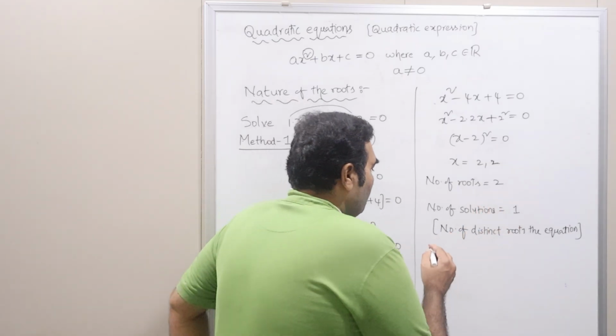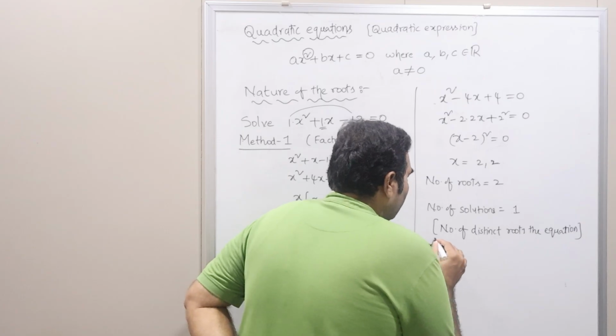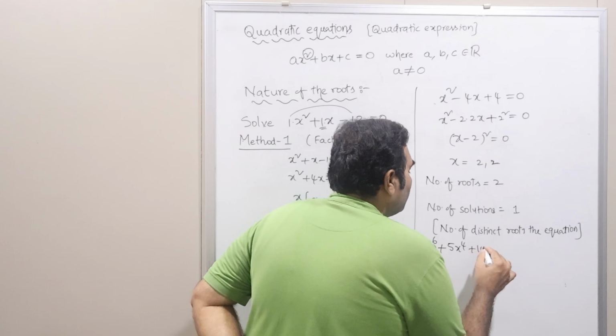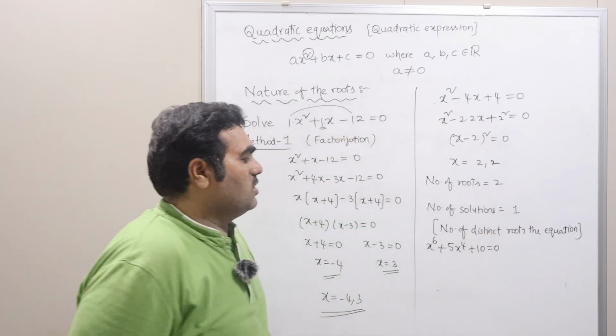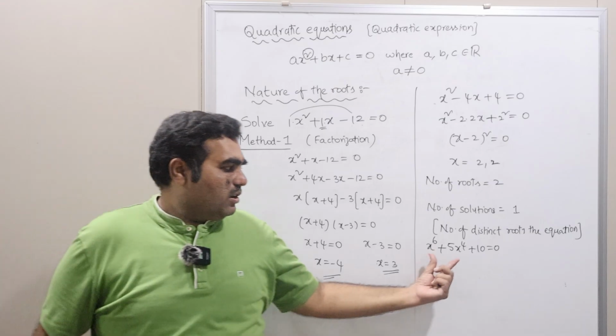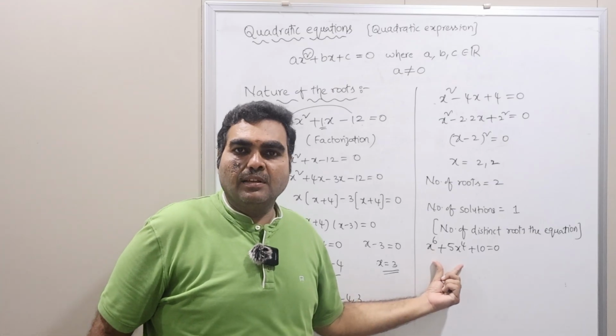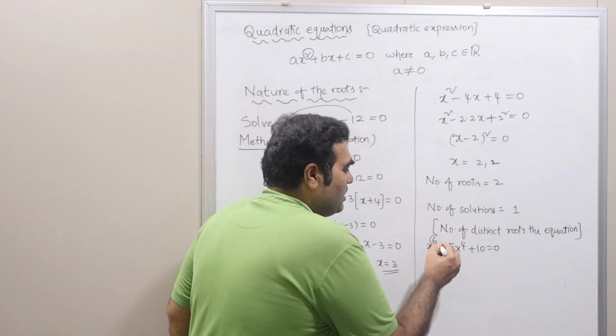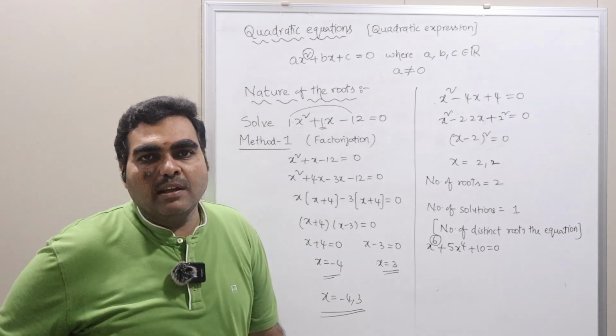For example, you may have one equation something like this: x power 6 plus 5x power 4 plus 10 is equal to 0. Some polynomial is equal to 0. Looking at the polynomial, how many roots can you expect? Yes, the number of roots is equal to the highest degree, the highest power of the given expression.